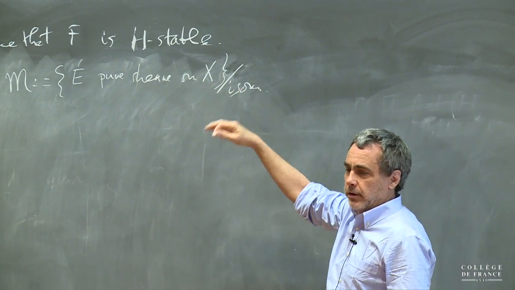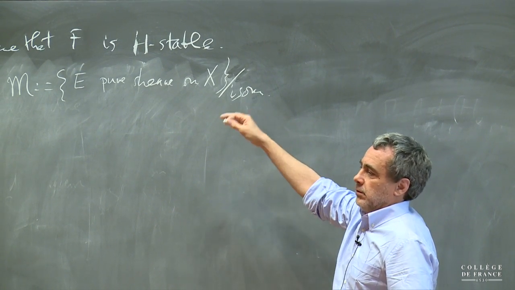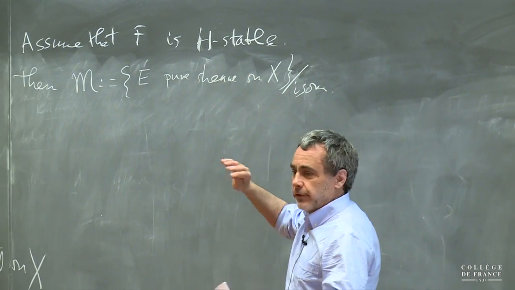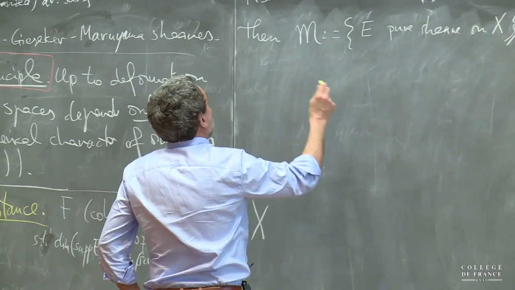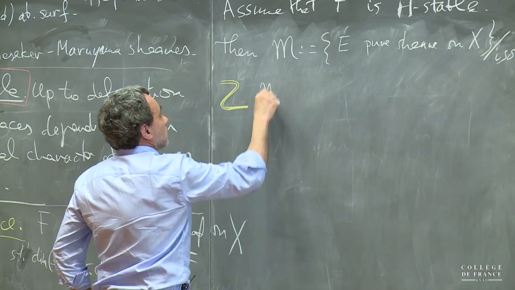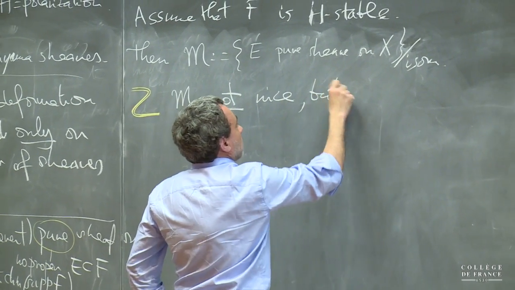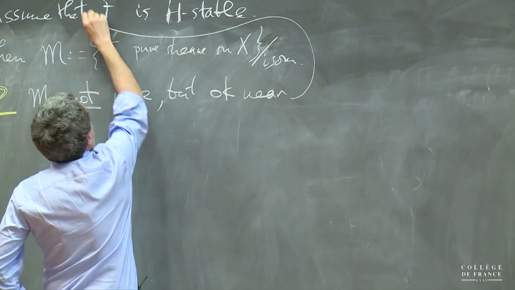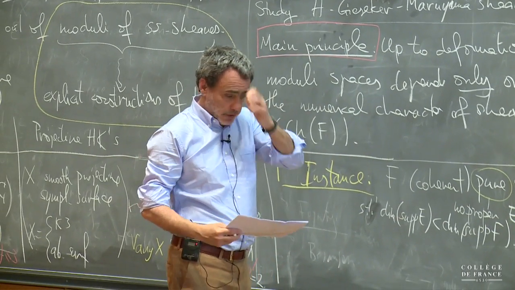For the moment it's okay, because this will be a non-separated algebraic space, something horrible. But in a neighborhood of a stable sheaf, it's fine. So for the moment I don't need to introduce heavy notation, I want to avoid it.